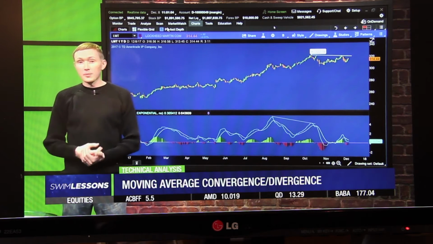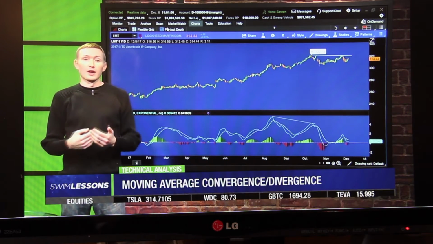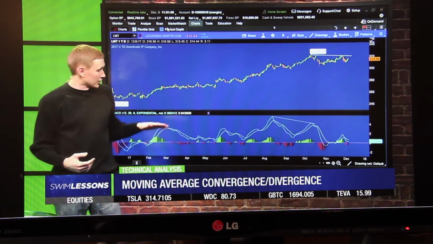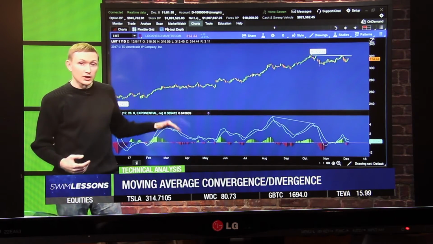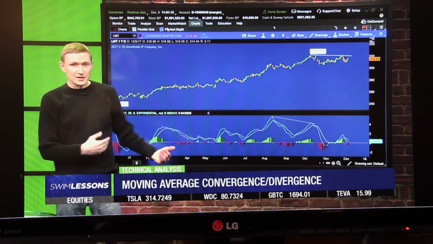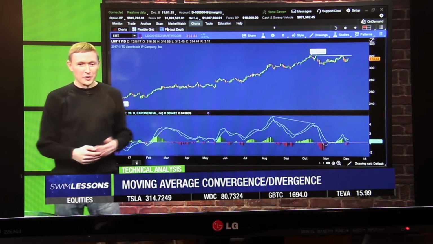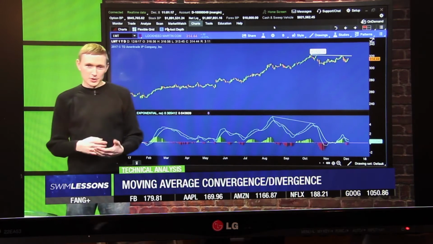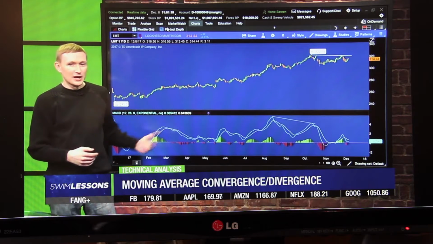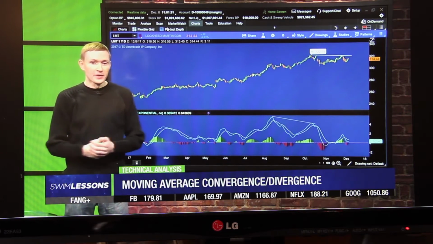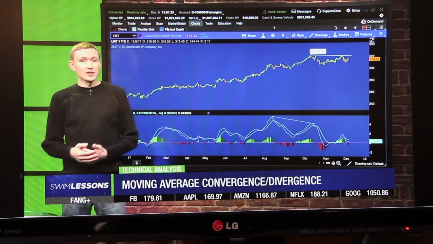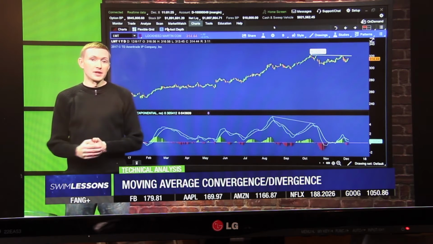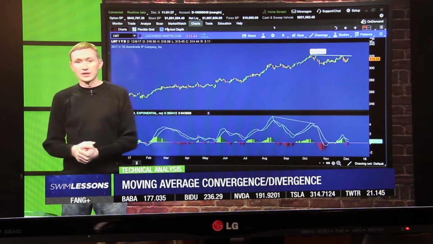So crossovers of the MacD plot can be trade signals. There's the MacD line, then there's also the signal line, which is just a moving average of the MacD line. So a lot of moving averages in there. The MacD line itself is just the difference between two moving averages, and the signal line is a moving average of that line. When the MacD line crosses over the signal line, that can create different trading signals.